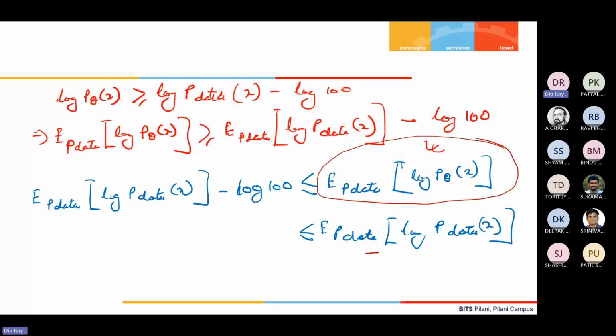Okay, what does this mean? This means that this is the sandwich. The model's expected log likelihood is squeezed between the data log likelihood and just 4.6 units below it.